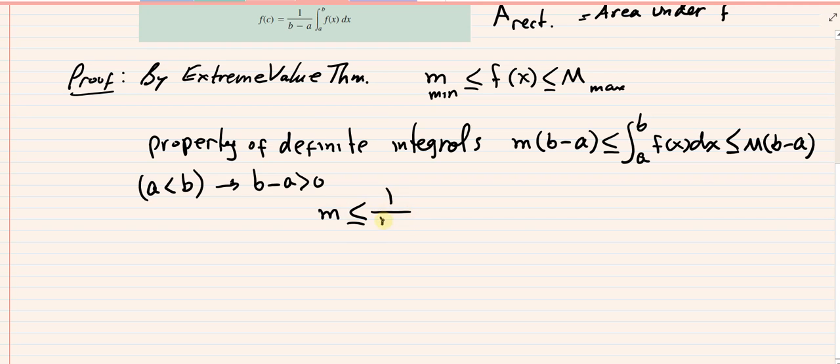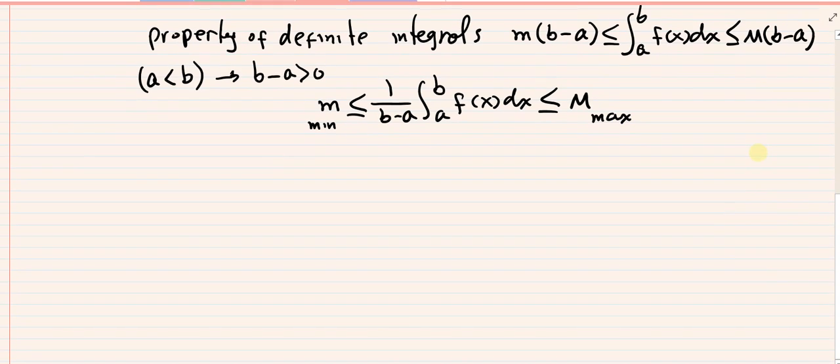So I'm going to get m less than or equal to 1 over b minus a times the integral from a to b of f of x dx, less than or equal to capital M. And remember again, lowercase m is the minimum and capital M is the maximum.